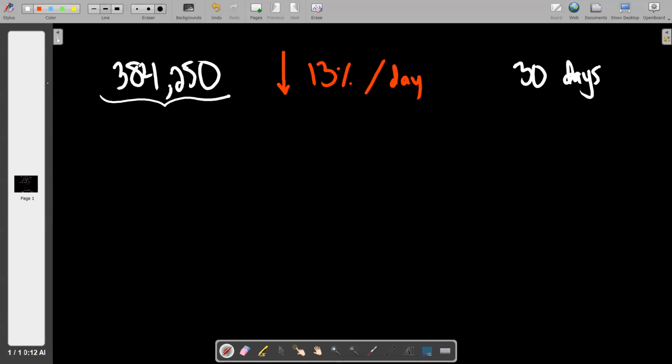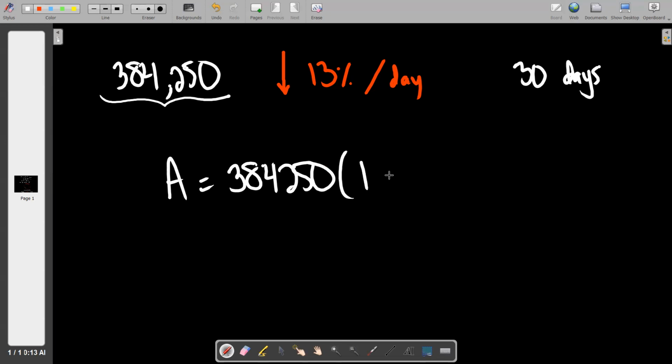We're just going to follow the formula quite faithfully. Are you ready? So here we go. We're going to say the amount of bacteria left, and you guys are just grabbing for your calculators. You're really missing a chance to get something in your notes here. Calculator will be next. So I'm going to say final amount of bacteria is equal to starting amount, so 384,250, and just follow the formula.